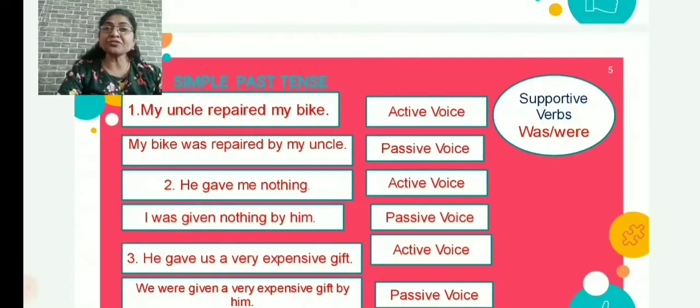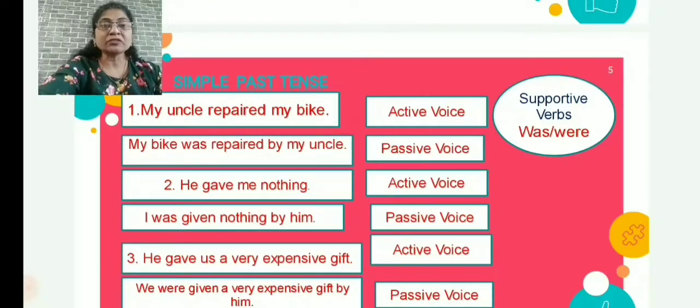Now when we change into passive voice, in simple present tense, if you remember, we added am, is, are as a supportive verb because it doesn't contain any helping verb. In the same way, in simple past tense we will use was and were as supportive verbs, because in simple past tense also we don't have a supportive verb, and when we change into passive voice we definitely require it.